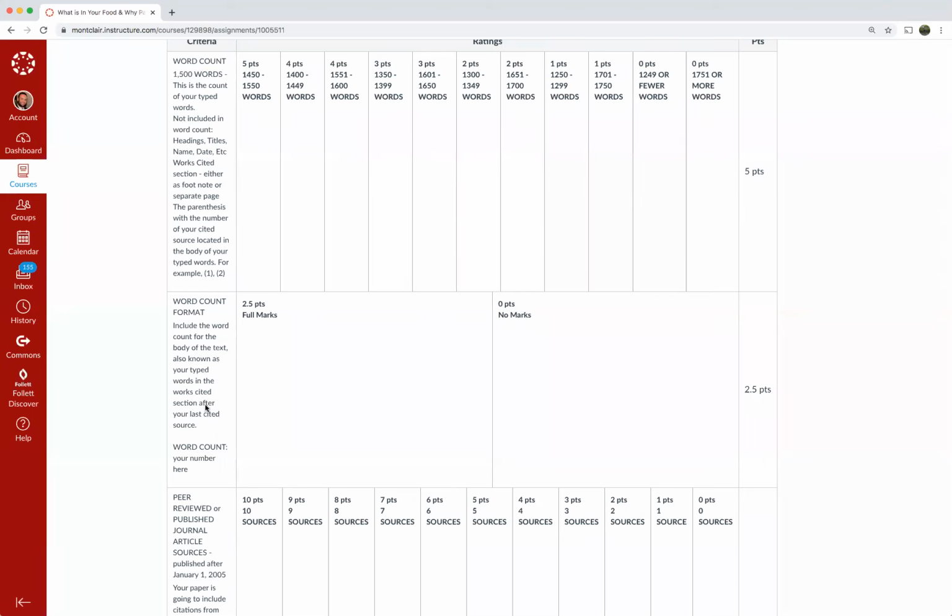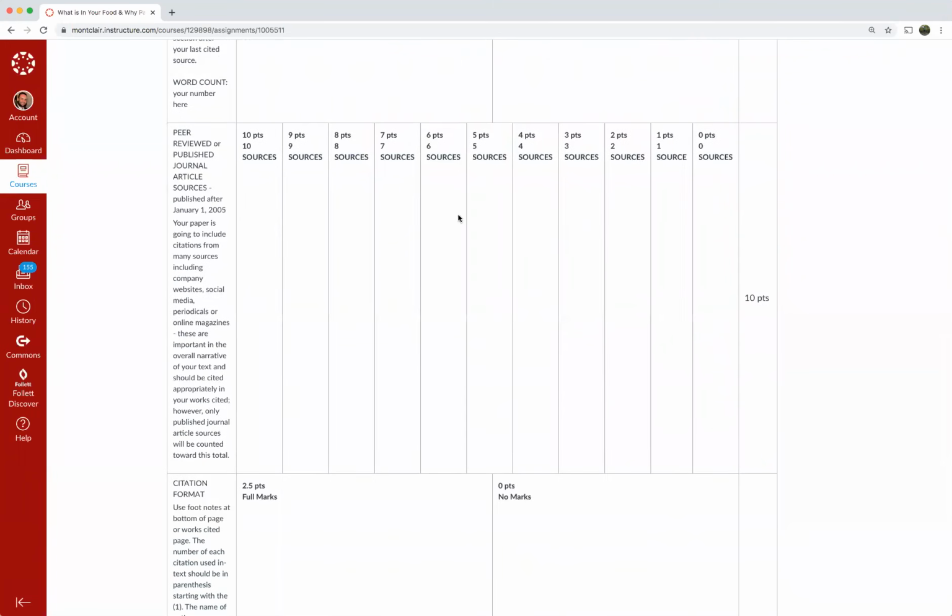Okay, so remember to add your word count after your last cited source, or at the bottom of the last page if you're doing footnotes. That's worth 2.5 points.